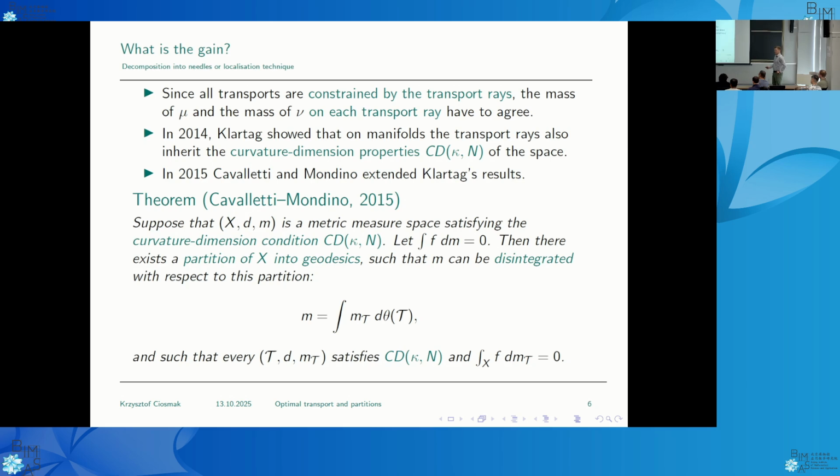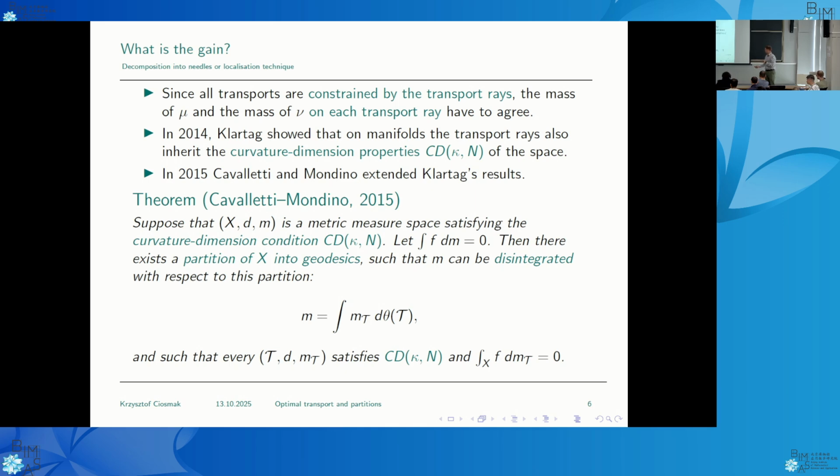So we have our space, we have the partitioning. On the entire space, we have the measure m, and we can look at tau. So tau is an element of the partition, and theta is the push forward of our original measure with respect to the partition map.